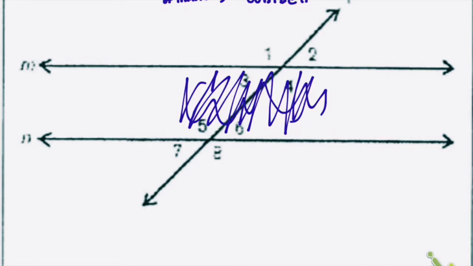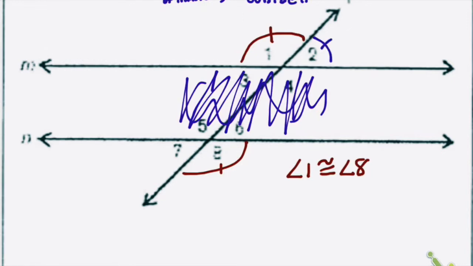So for alternate exterior angles, angle 1 is congruent to angle 8 because they are alternate exterior. And angle 2 is congruent to angle 7 as alternate exterior.